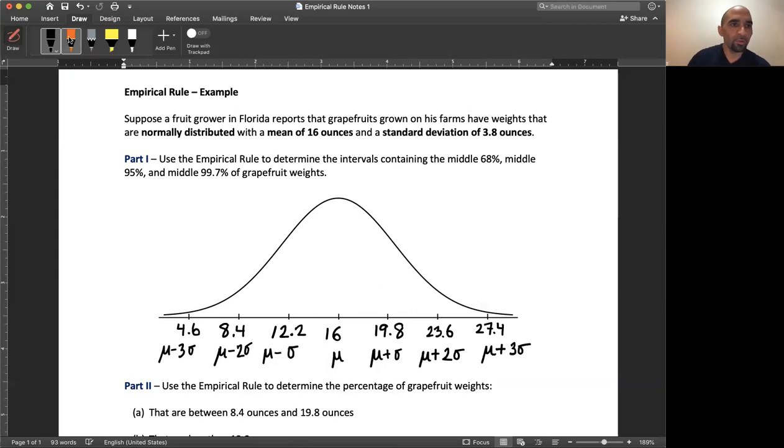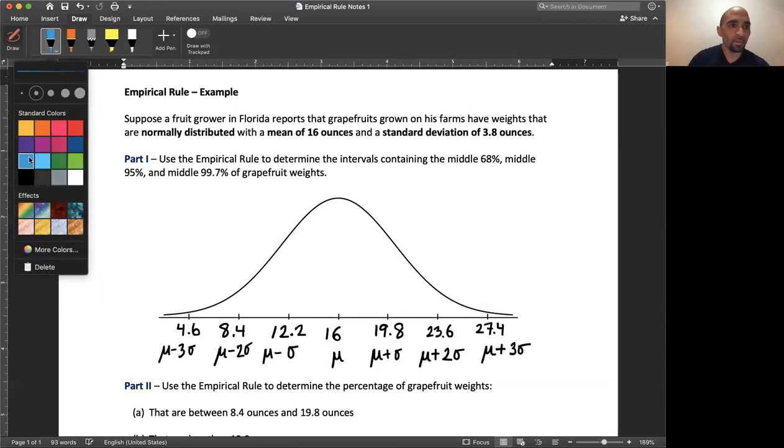What we can now do is use the empirical rule. So the empirical rule states that the middle 68% of any normal distribution is within the mean minus one standard deviation and the mean plus one standard deviation.